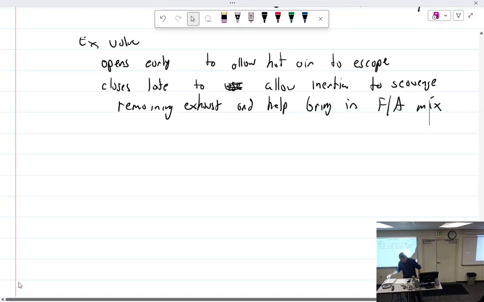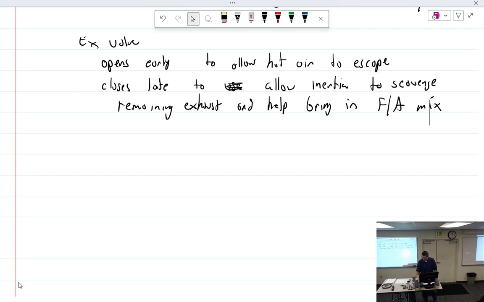One more time. Let's see. This is actually a Continental E185. An E185 is an older version of Continentals. The old Continentals had A, C, and E versions.